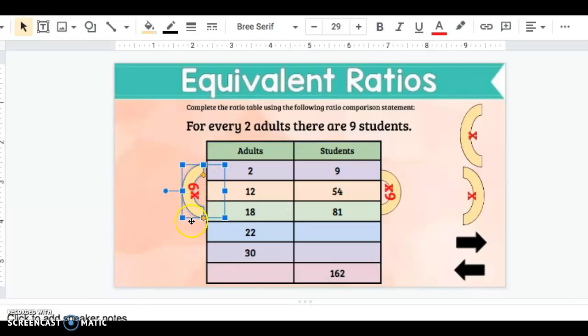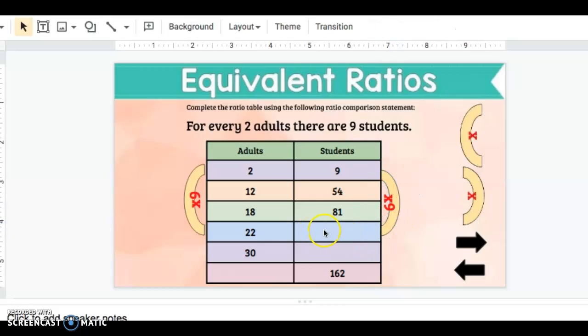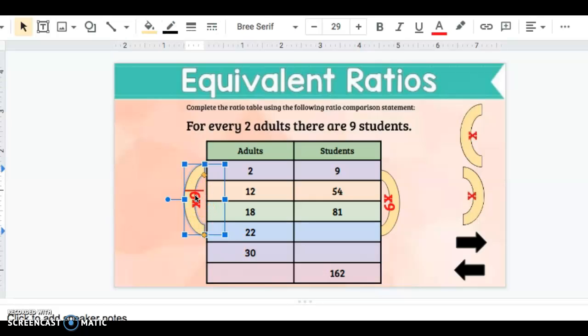Then I'm going to drag my noodle to the 22 box. Well, it's blank here, so I don't know what I'm timesing 9 by. But I gotta think, okay, 2 times what is going to give me 30? Well, 2 times 15 is going to give me 30.